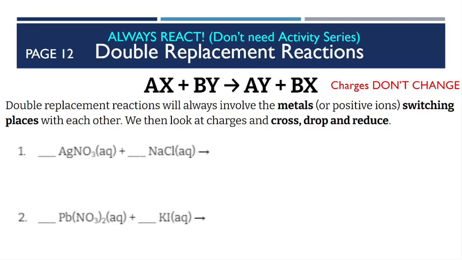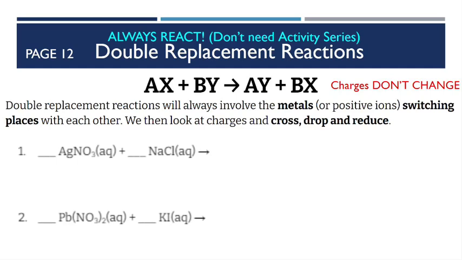Now that little red note off to the side is something that I do want you to make space to write down. We touched on this idea a little bit when we talked about applications, and we mentioned that redox reactions are reactions where the oxidation number or charge of our elements changes during the course of the reaction. And we learned that every type of reaction is a redox reaction except for double replacement.